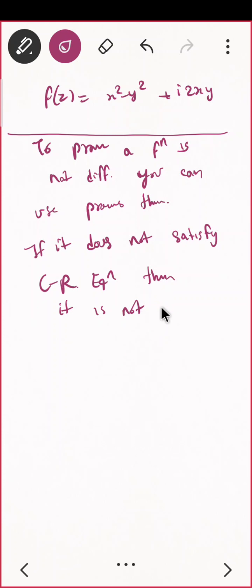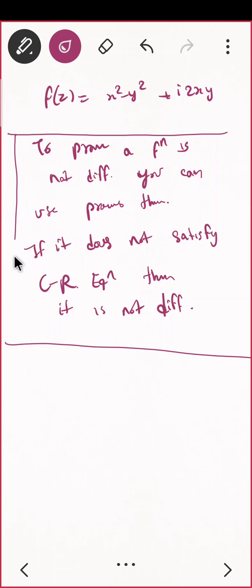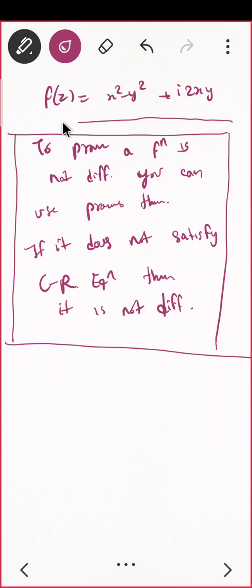Contrapositive, do you see? I was telling differentiable implies CR equation, so what is the contrapositive of that? Does not satisfy CR equation, that means it is not differentiable, correct?